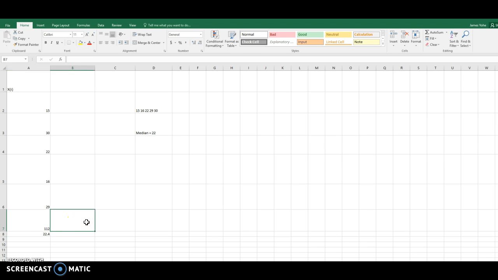So here, I'm going to put the formula here. Now, in this case, this is a sample. So we're going to have x bar.